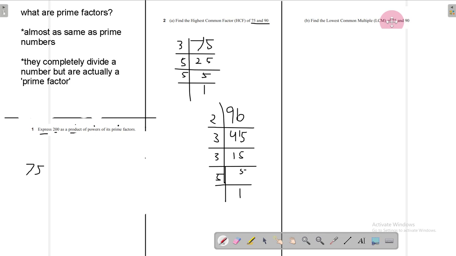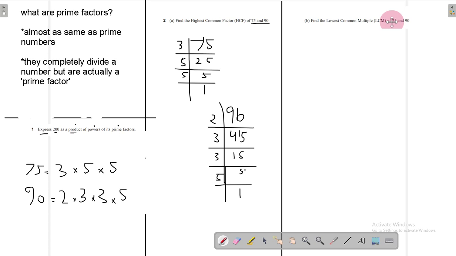75 over here, which was 3 into 5 into 5, alright, and 90 over here, 2 into 3 into 3 into 5.